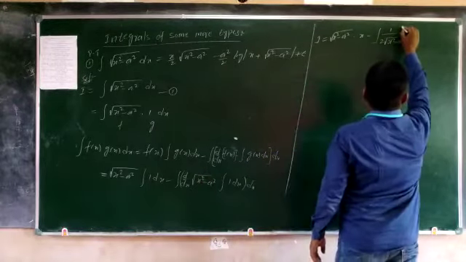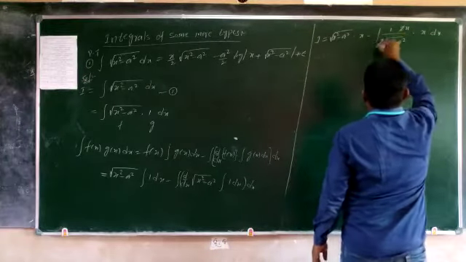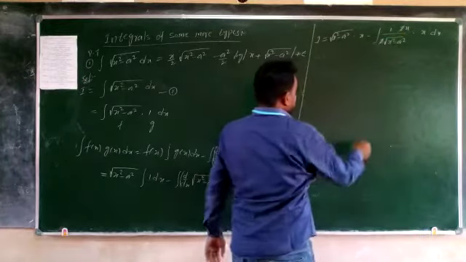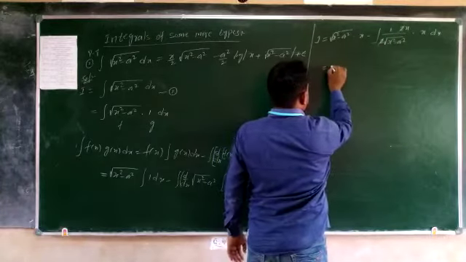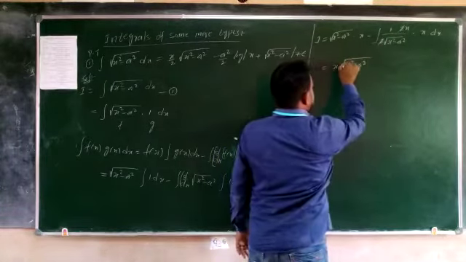Next to it integration of 1 dx, x, dx. The 2 gets cancelled. So this is equal to x into square root of x square minus a square, minus integration of x into x, that is x square, by square root of x square minus a square into dx.